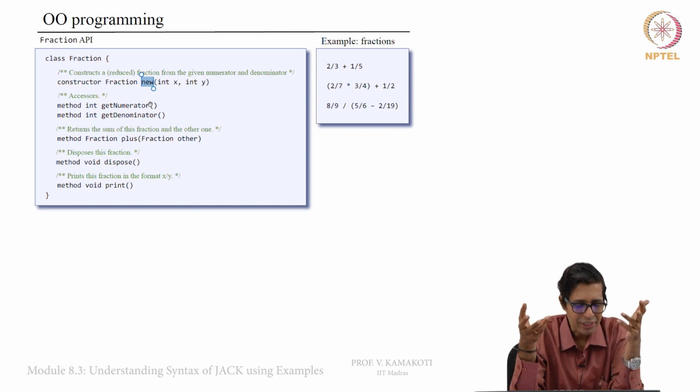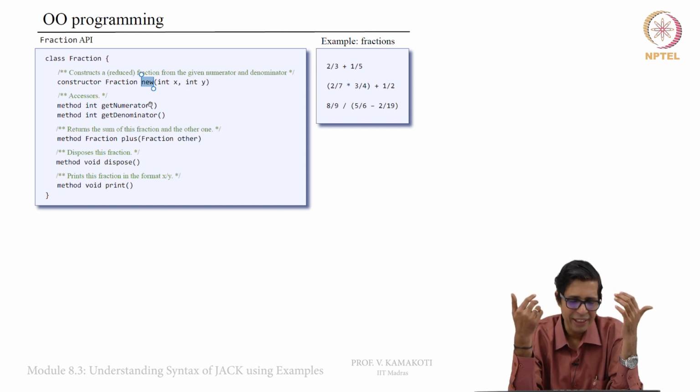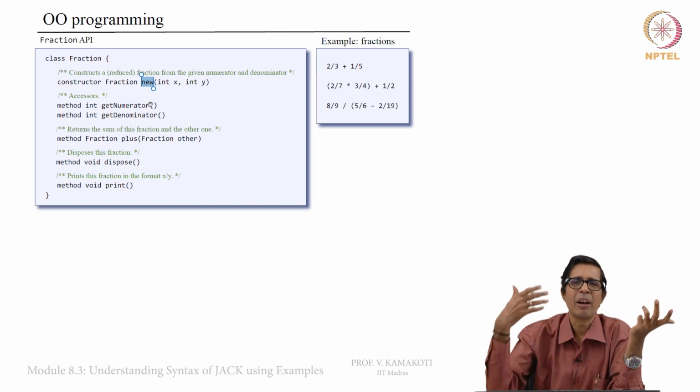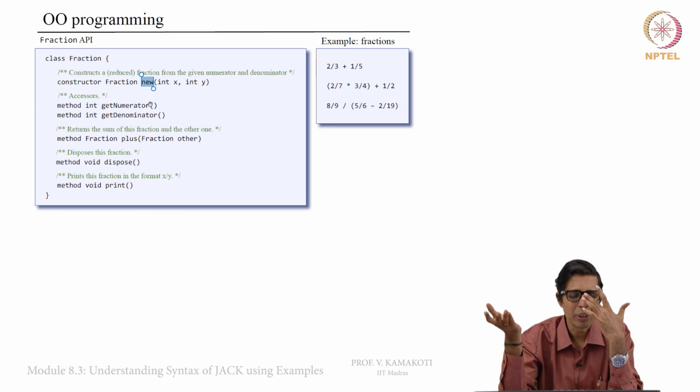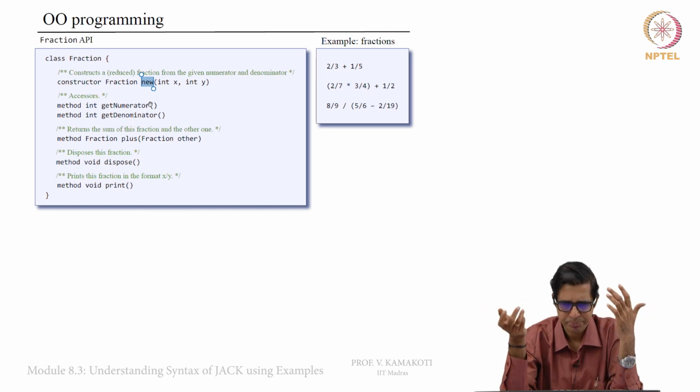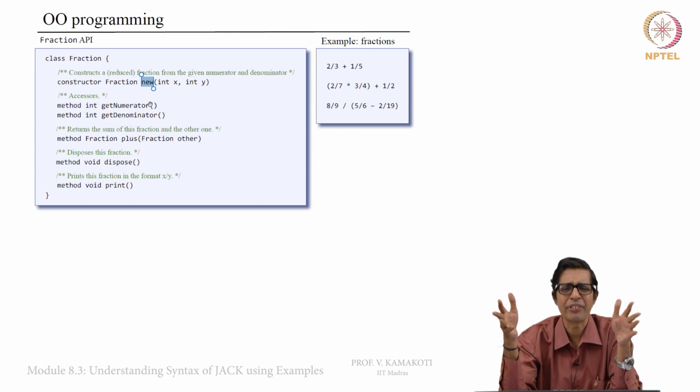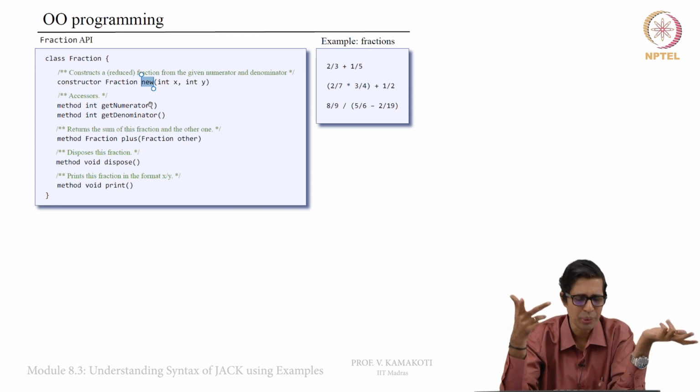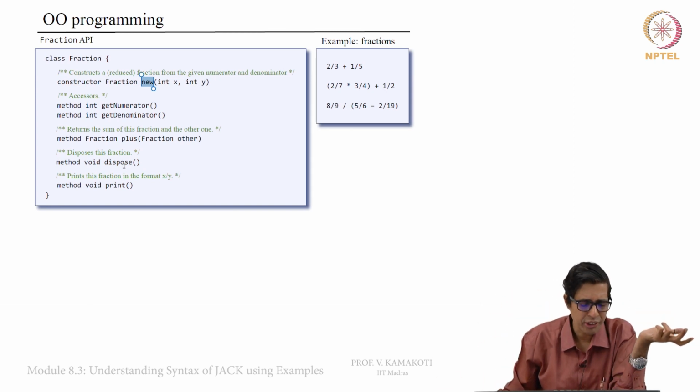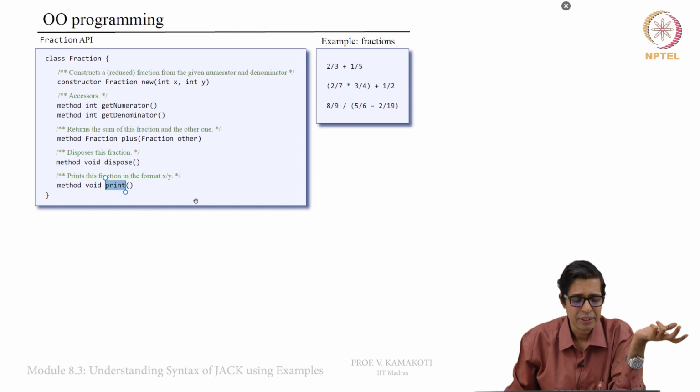That is like malloc, and whenever I want to dispose, this is like free, right. If you malloc a particular pointer, giving it a lot of space, then you go and free that pointer once you do not use it. So this dispose is equivalent to free, and of course, I could have a print statement for this fraction, right.